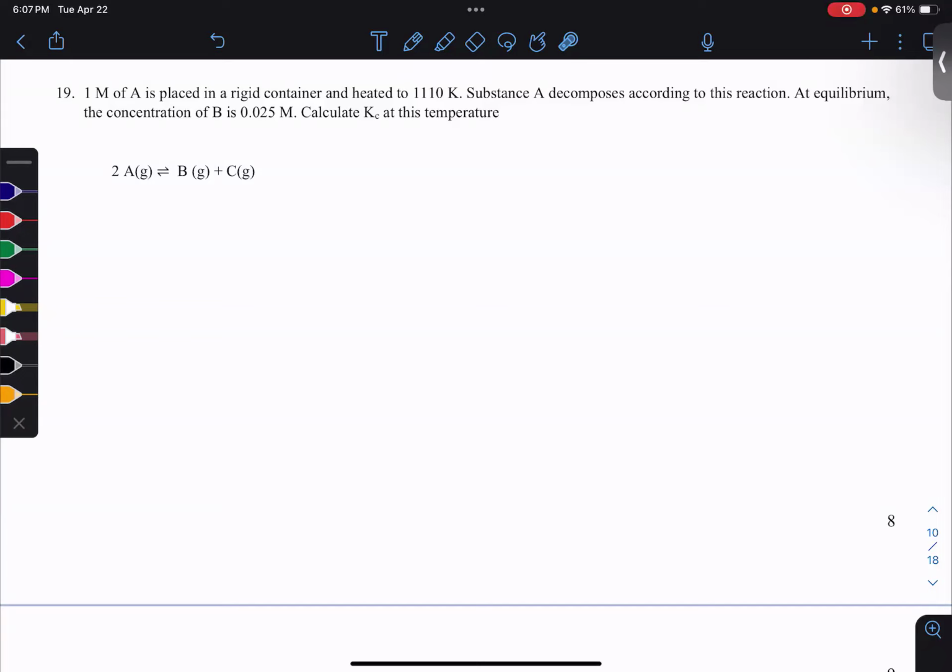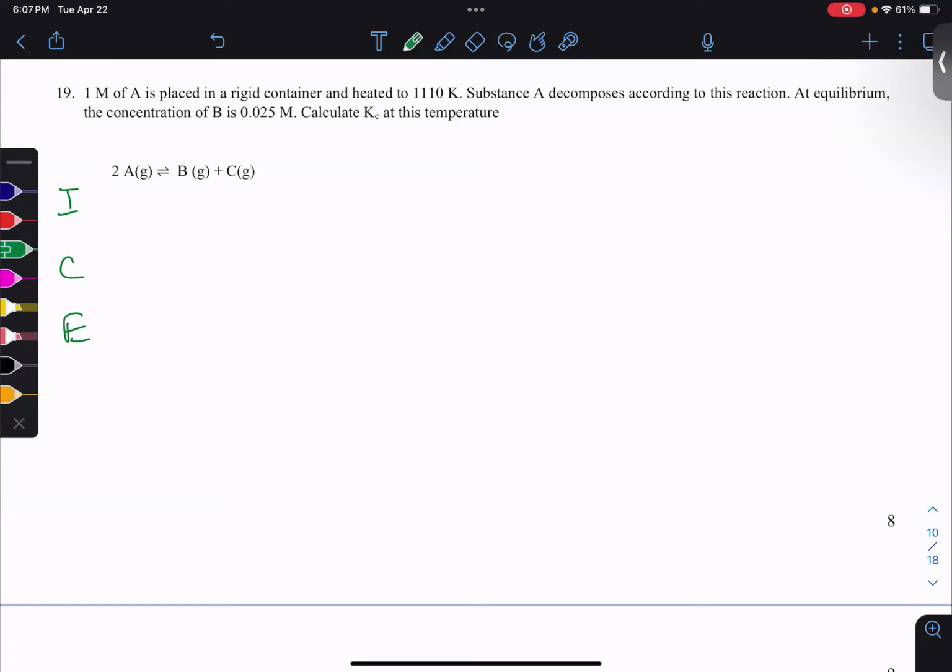So here's a chemical equilibrium. We place 1 molarity of A in a rigid container. Where do you think that 1 molarity is going to go in our ice table? Which line? The I, yeah. Because when we tell you equilibrium concentrations or pressures, we are very deliberate about it.